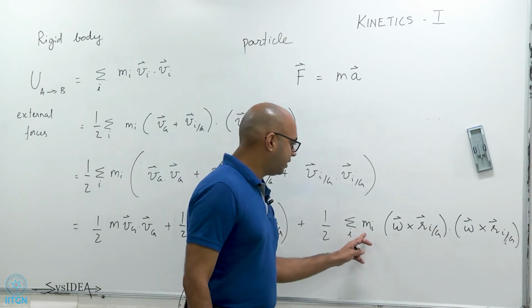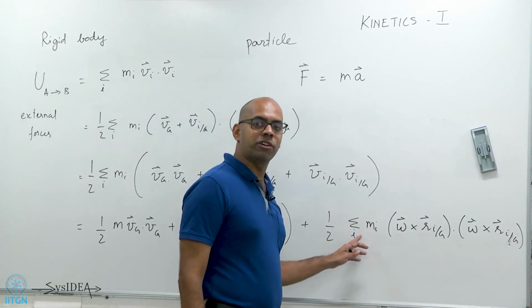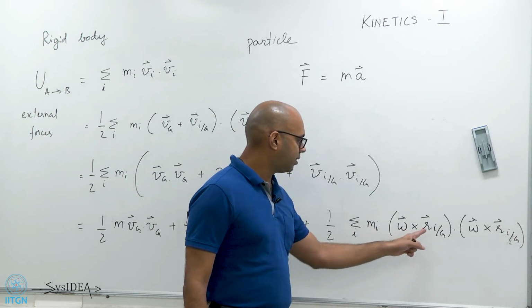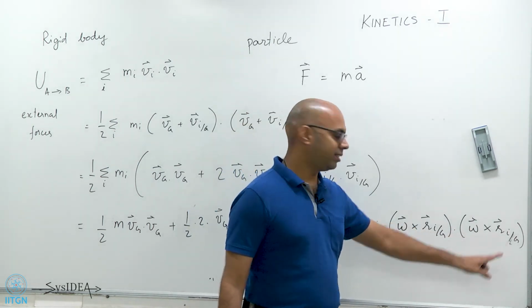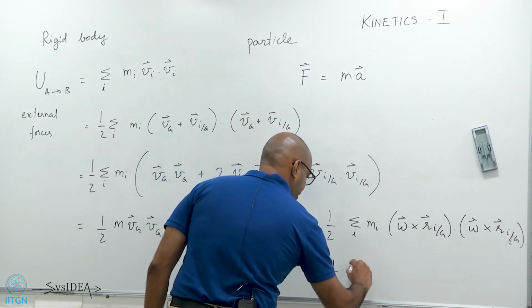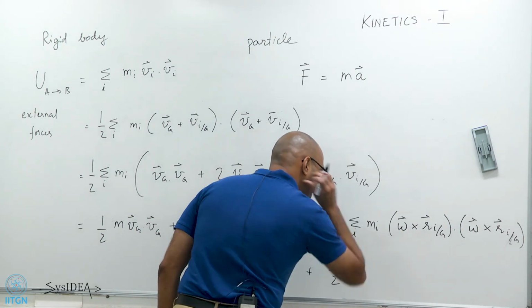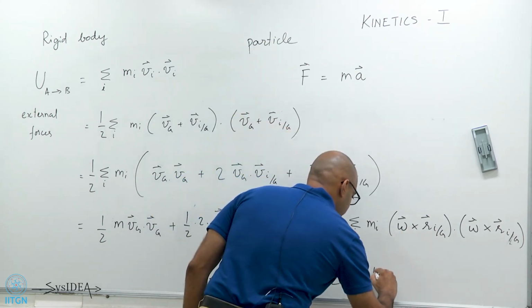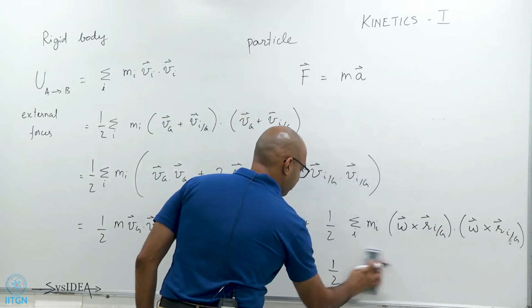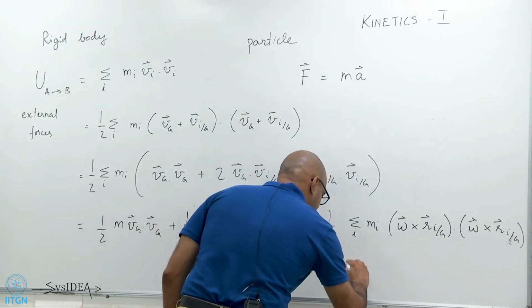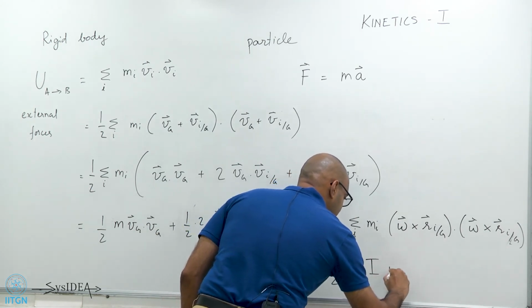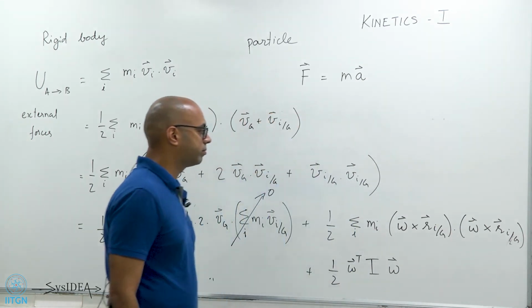So, now you can see the genesis of where moment of inertia comes from. It is really an integral dm r squared. So, this term becomes half I omega squared, but really since everything is a vector, I really have to write it as omega transpose I omega.